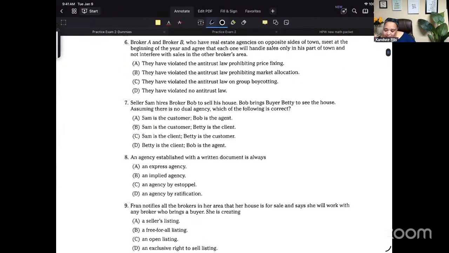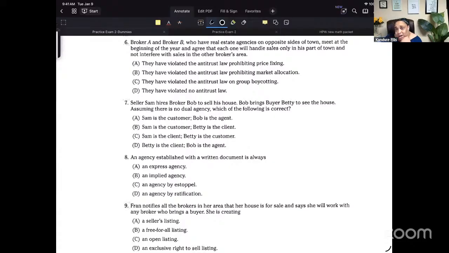Broker A and Broker B, who have real estate agencies on opposite sides of town, meet at the beginning of the year and agree that each one will handle sales only in his part of town and will not interfere with the sales in the other broker's area. Is this A, they have violated the antitrust law prohibiting price fixing? B, they have violated the anti-lust law.